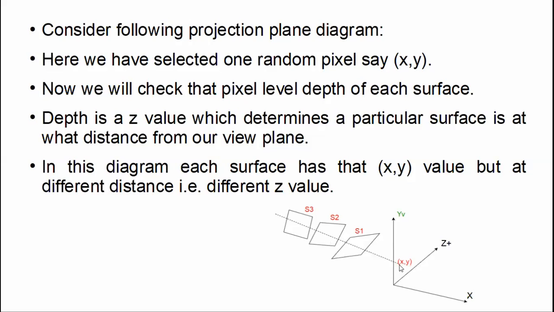The distance from this XY to this surface's XY value is the depth or Z value of surface 2. Similarly, from this pixel up to this pixel, the total distance is the depth or Z value of surface S3. In this way we can find out the Z values, that is, the depths of each and every surface.